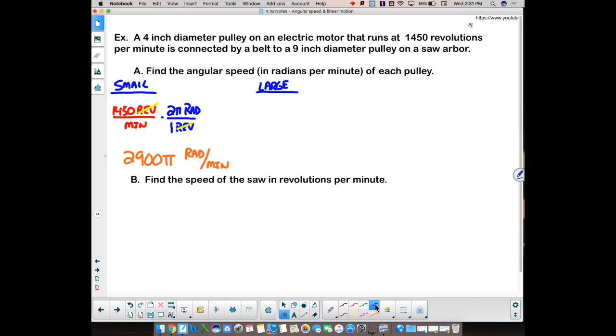So the small wheel is spinning at 1450 revolutions per minute, which gets multiplied by 2 pi radians for 1 revolution.